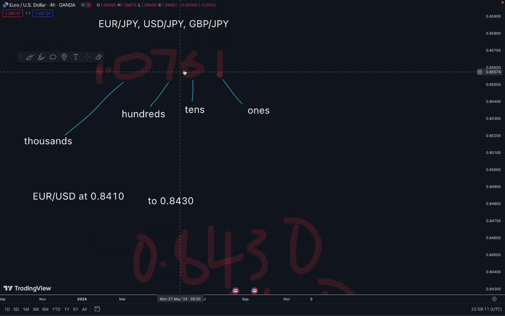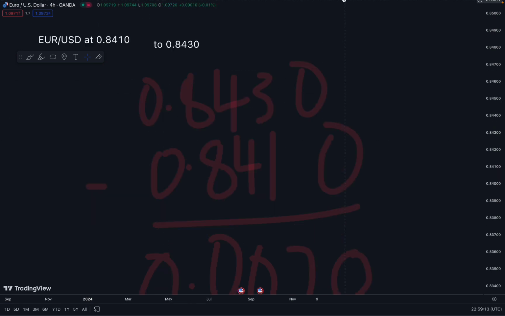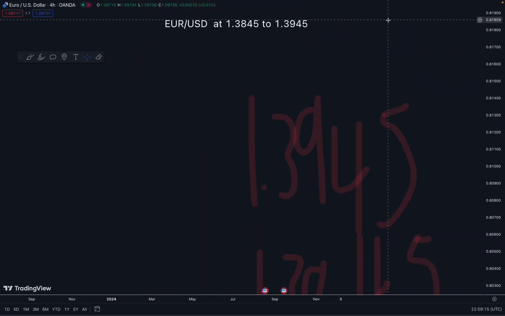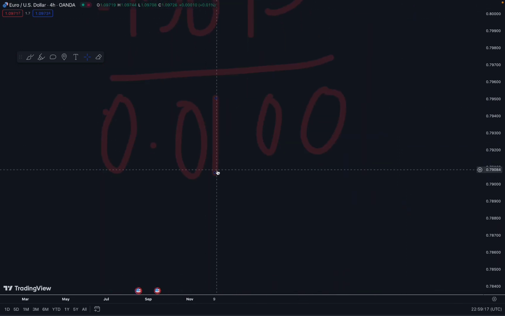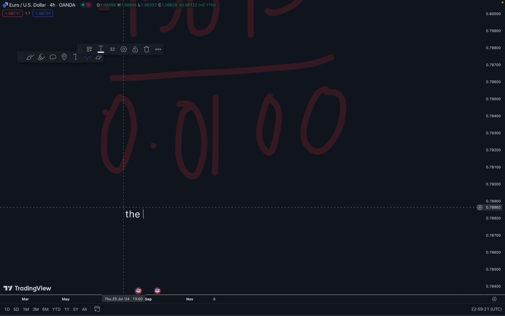Here's our ones, here's our tens, here's our hundreds. So this gives us 100 pip movement. So the pip difference is 100 pips.